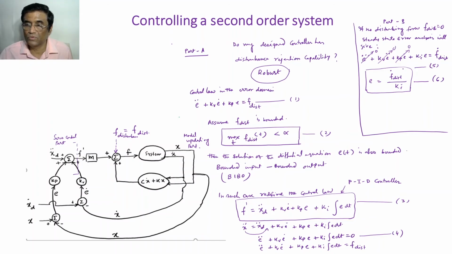But even if it is not perfectly constant, then you have another way to minimize the error. By increasing this Ki term, you can minimize the error. But this is not a very good idea to increase Ki whimsically. But philosophically, I told you that this is the concept of the proportional integral derivative controller.